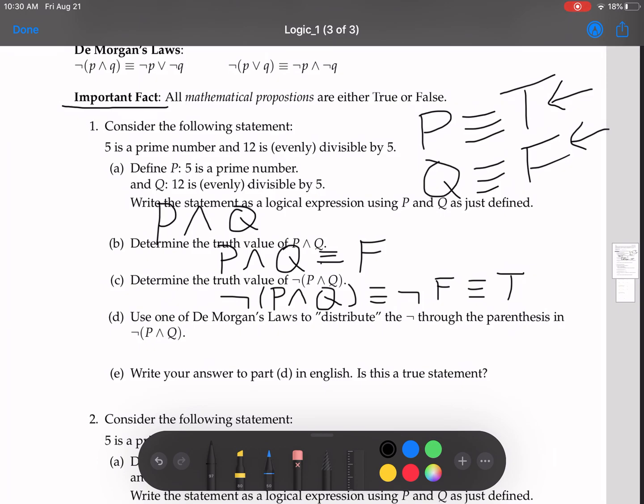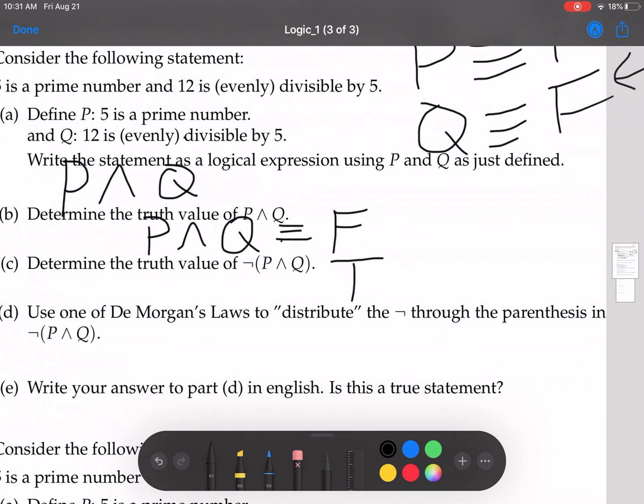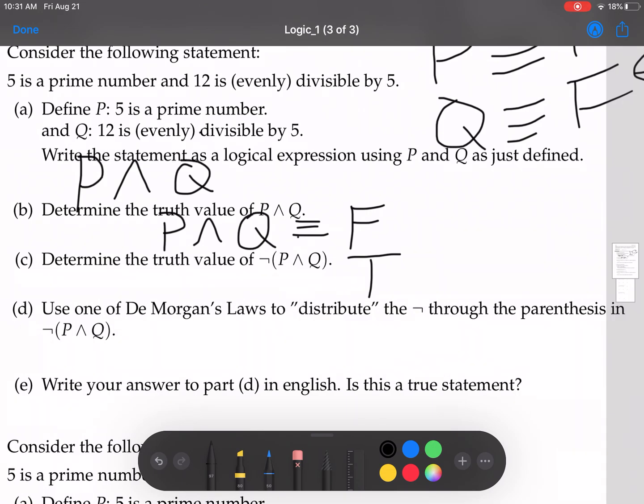So you could write that, or you could simply write: P and Q is false, so not (P and Q) is true. Now we're going to use one of De Morgan's laws to distribute the not through the parentheses. This is not exactly distribution, right?